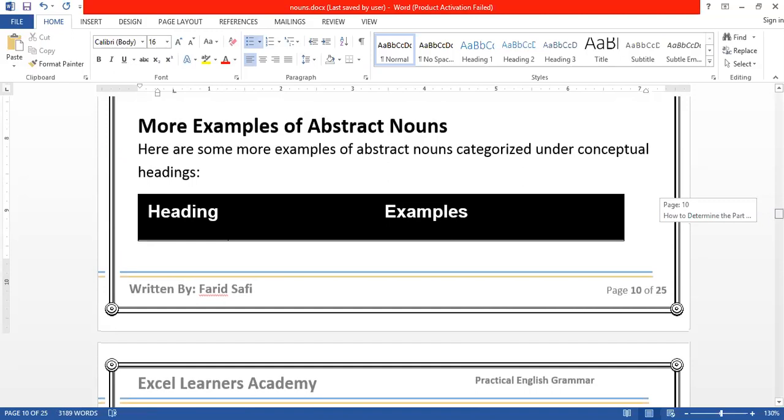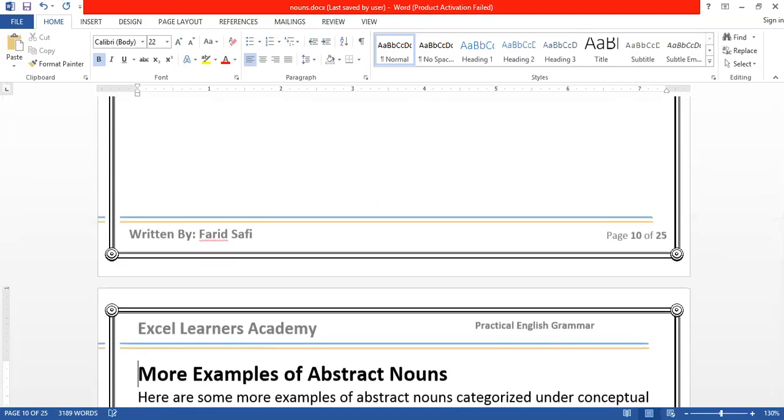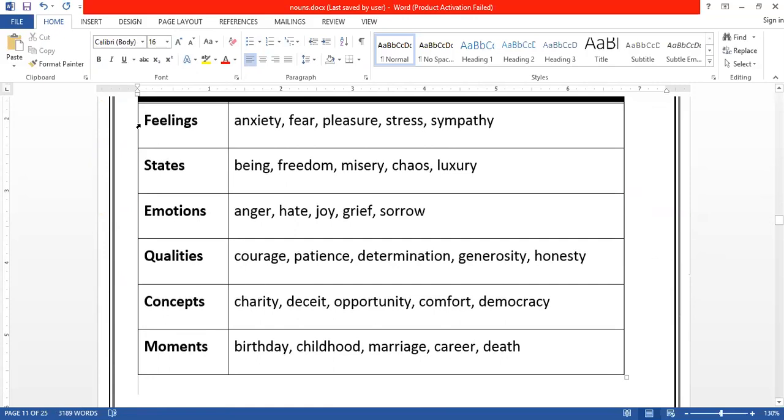Now, more examples of abstract nouns. Let me show you all the examples of abstract nouns that we have. For feelings: anxiety, fear, pleasure, stress, sympathy. We can say states: being, freedom. Clear? Misery, chaos, luxury. Emotions we have anger, hate, joy, grief, sorrow.